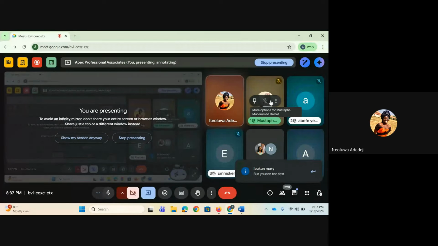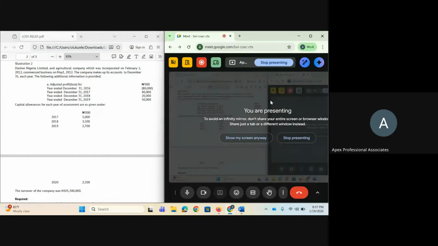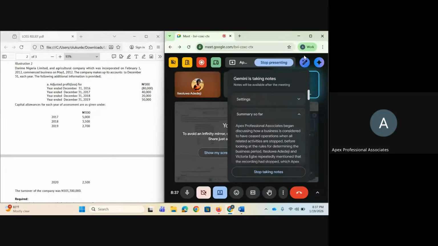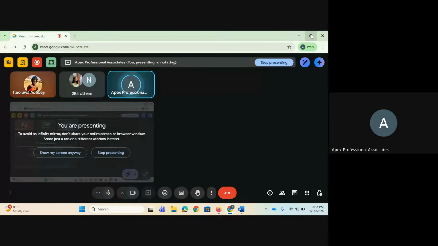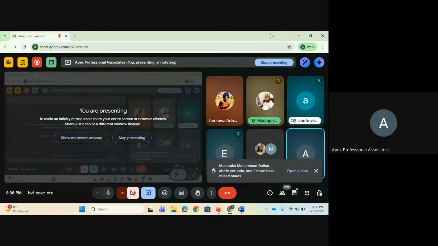It's the Finance Act 2021. Finance Act 2020, because of COVID, reduced minimum tax to 0.25%. But 2021 says it is 0.5%. So it depends on the year of assessment.